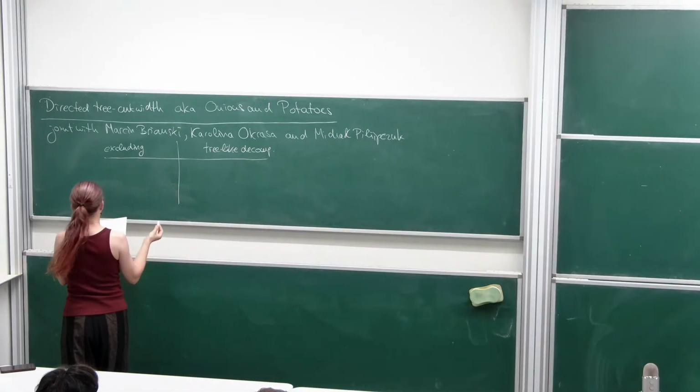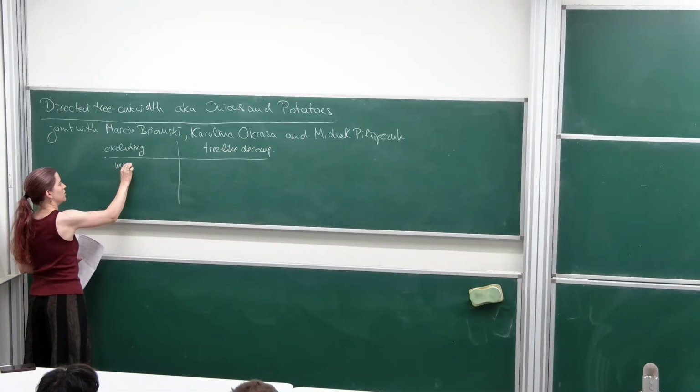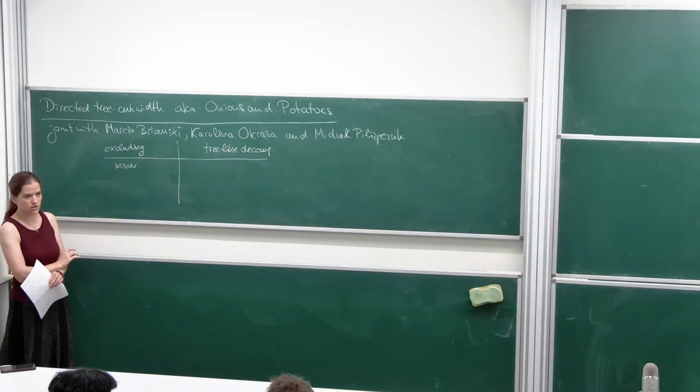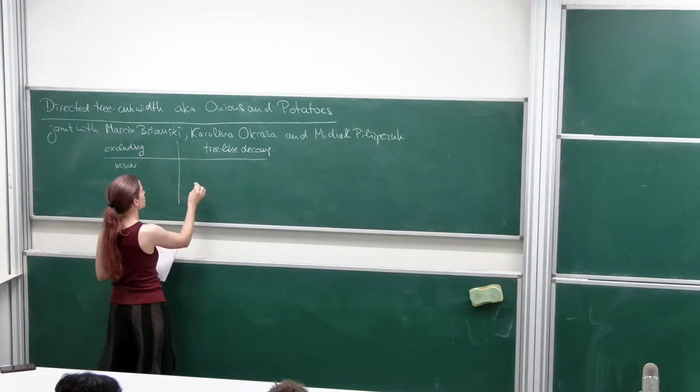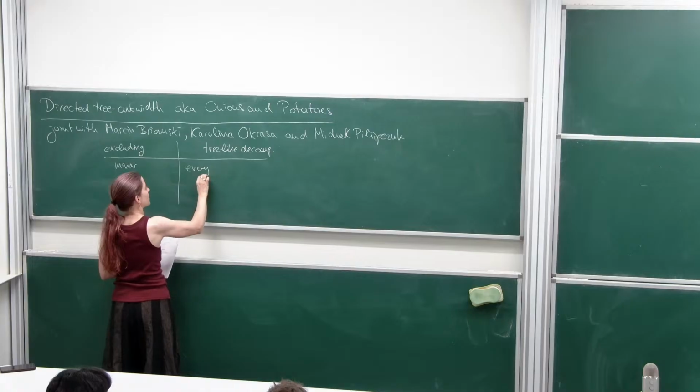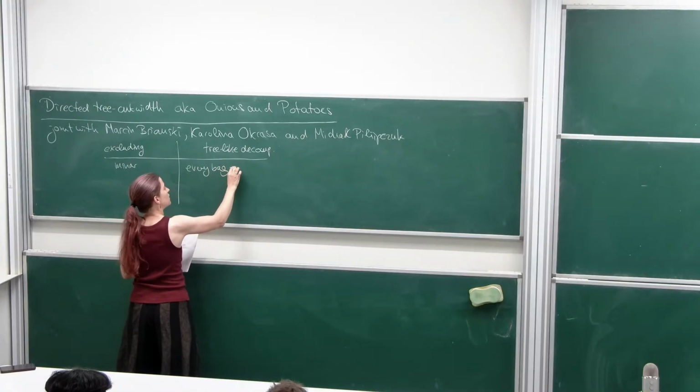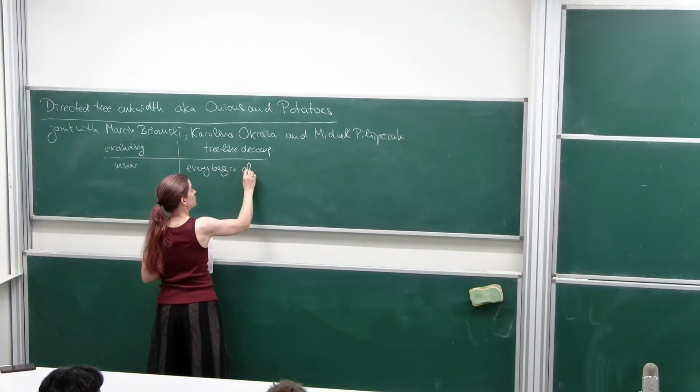So Robertson and Seymour showed that if I exclude some graph as a minor, then I can get a tree-like decomposition in which every bag is almost embeddable.